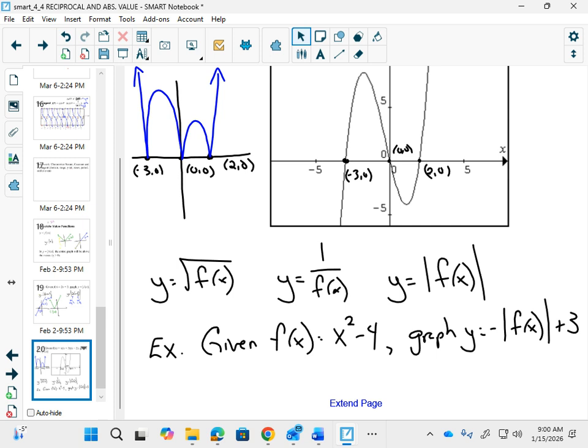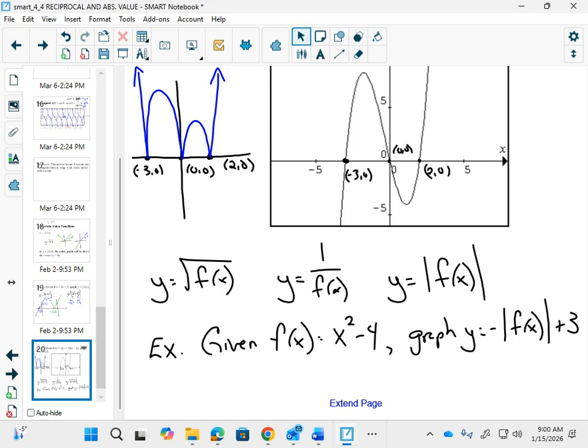So let's think about everything that's here. F of x equals x squared minus 4. That's a parabola moved down 4 units. You could graph that. Here, I see the absolute value of f of x. You could graph that. That would just be that parabola that's moved down 4 with the bottom part flipped up.